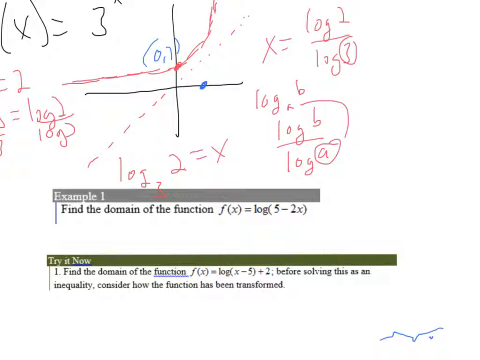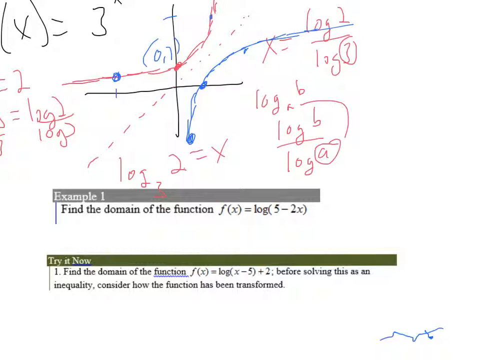So this graph is going to look like this. It's just reflected. You see how that's reflected? I could pick some other points, and I'm just switching the x and the y. So that's what a log graph looks like.